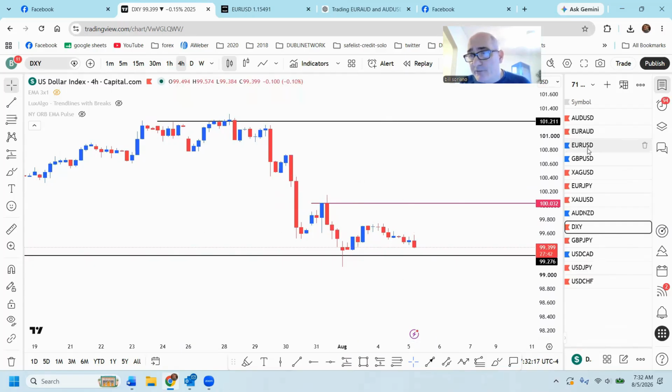Now, if EUR USD was bullish, like it is, giving me a signal to buy, and let's say USD CAD was bearish, giving me a signal to sell, then that would be in line, right? Because the EUR USD trade going long shows weakness in the dollar, and the USD CAD trade going short also shows weakness in the dollar.